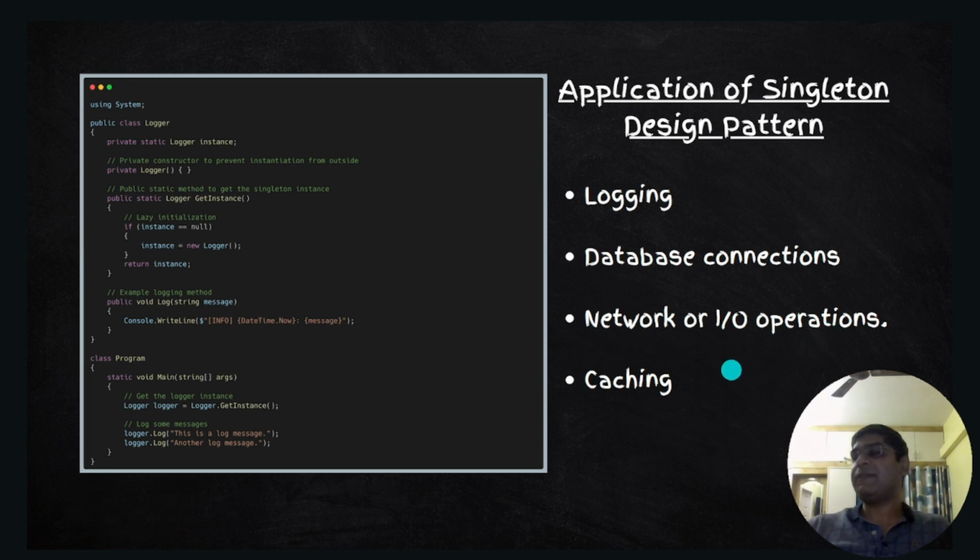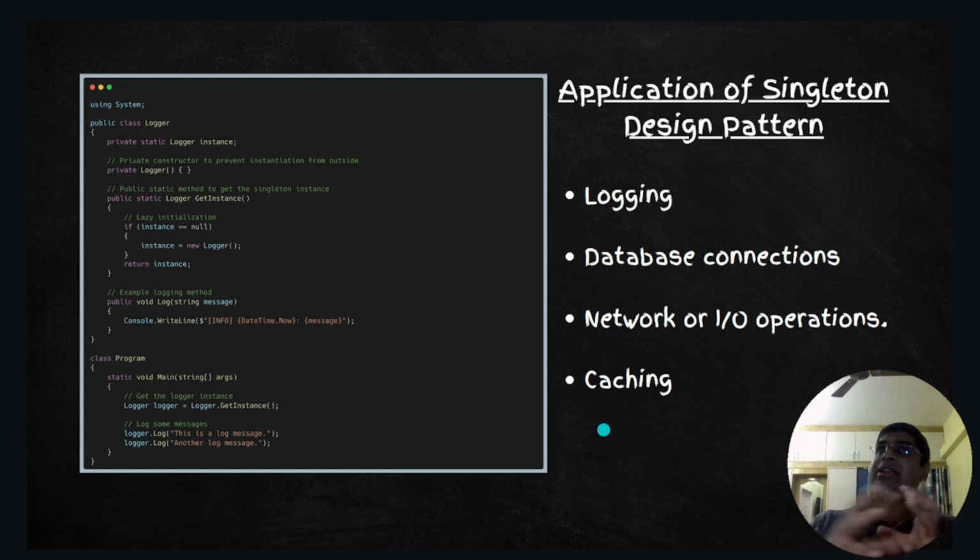Let's say you open a file and read or write something onto it. Generally you would open the file only once, and whatever you want to read or write at once, you do it using the single instance. Caching: every time you cache data, that is like a singleton, following the singleton design pattern.